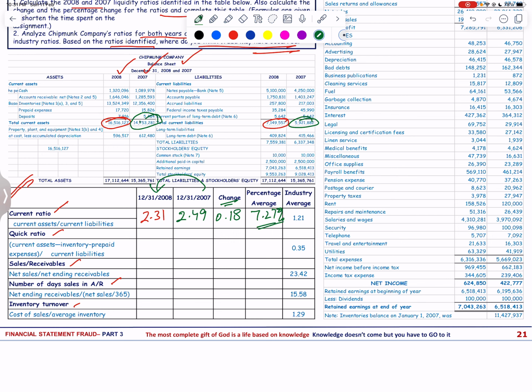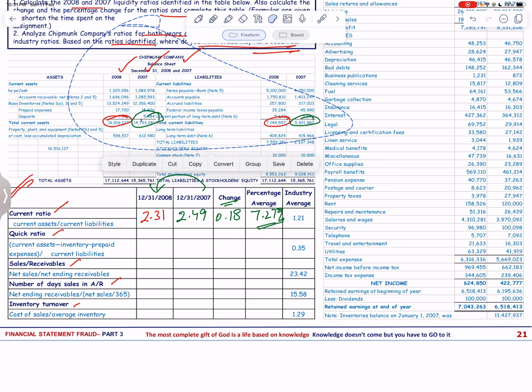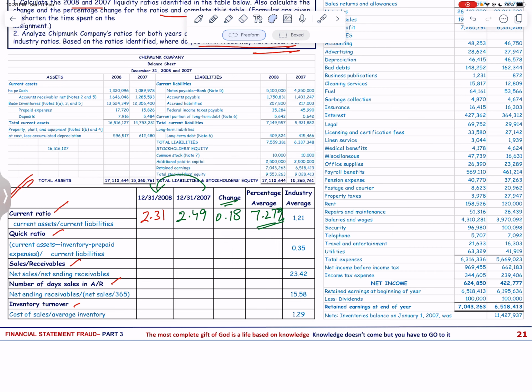Then we go for the quick ratio. For the quick ratio, we have the current assets, and from this we are going to subtract the inventory that is there.